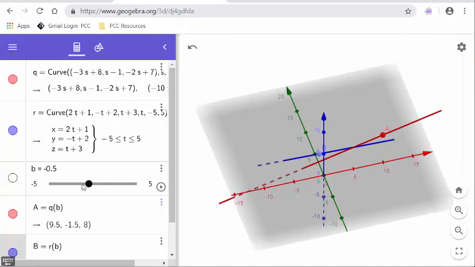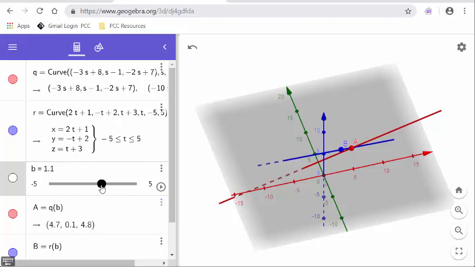All right, so if I move my s and t, so here at 0, when s is 0 and t is 0, so at time 0, we see that on the r function, we are over here. On the q function, we're at this point A over here.